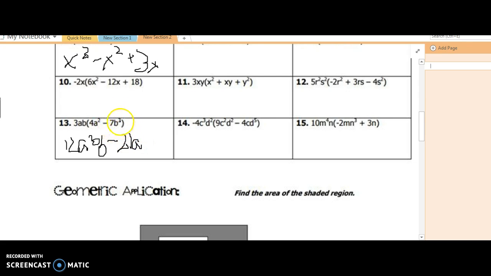And then b times b cubed, we're adding exponents, so we're going to get b to the 4th. All right, again, this is 12a cubed b minus 21ab to the 4th. And this is in standard form because it's in alphabetical order with the highest exponent first.